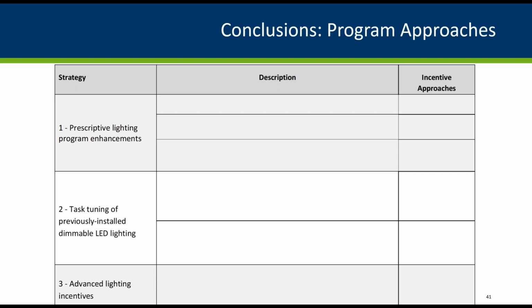We suggest 3 approaches to take advantage of the savings potential from advanced lighting controls, ranging from a simpler, lower-cost prescriptive program to a more complex, higher-cost program, each with incentives based on a per unit, per square foot, or per kWh basis.